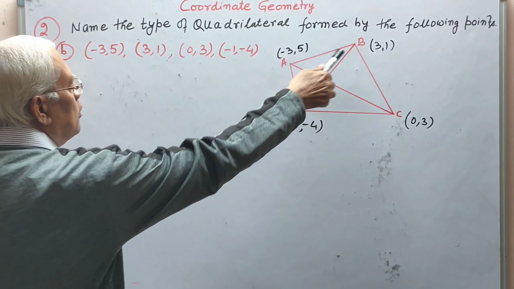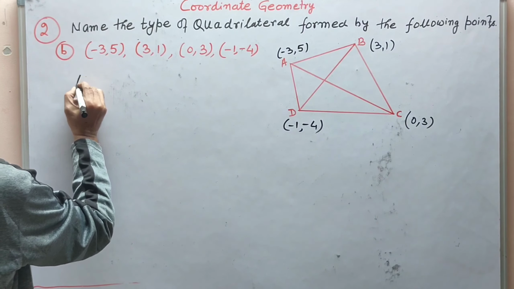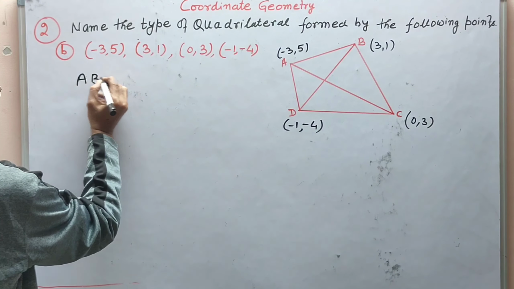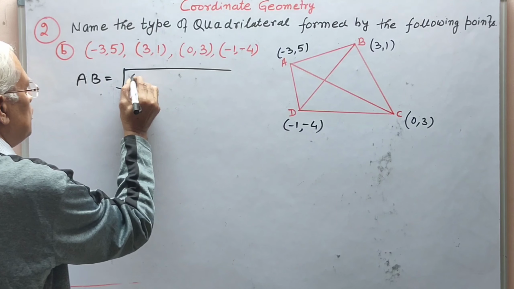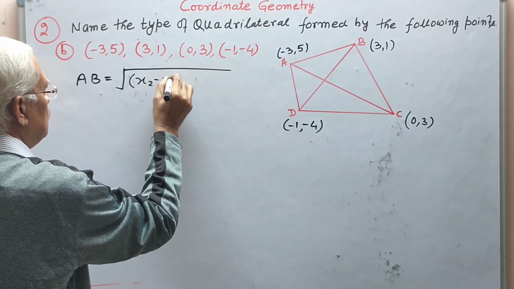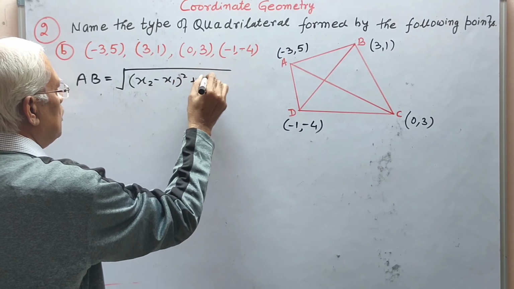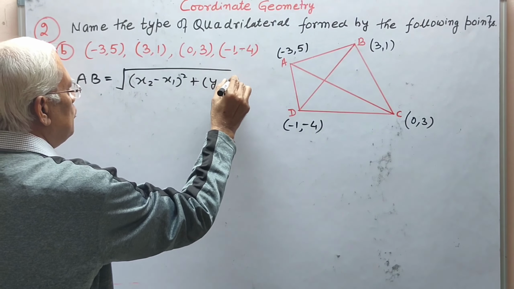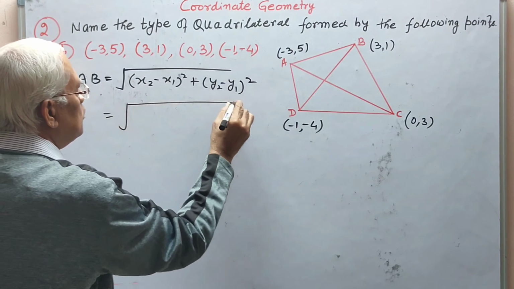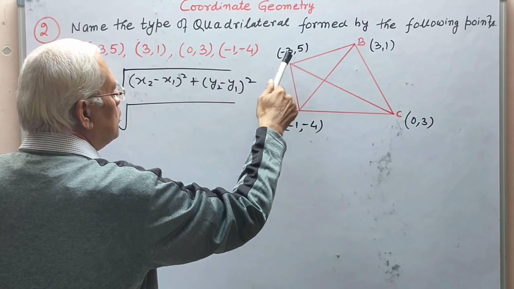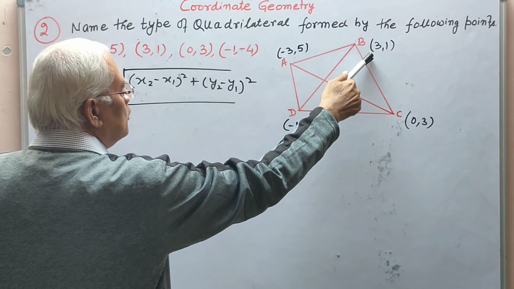So first of all, AB is equal to, first we will write the distance formula, x2 minus x1 whole square plus y2 minus y1 whole square. Suppose this is x1, y1, this is x2, y2.